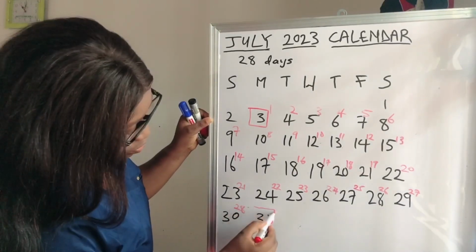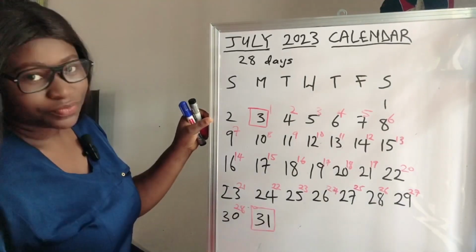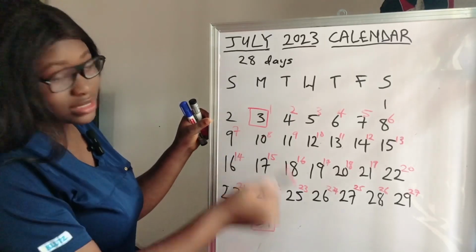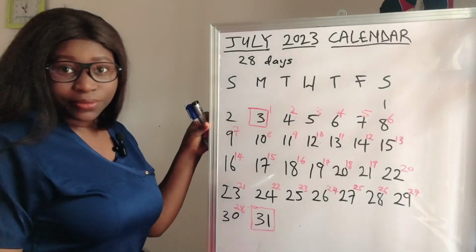She got her next period on the 31st. So you stop counting a day before the next period. This is just how to calculate your menstrual cycle.